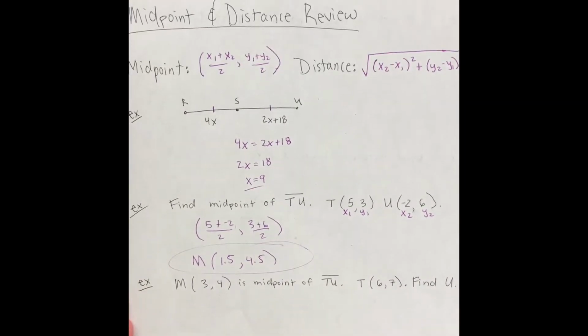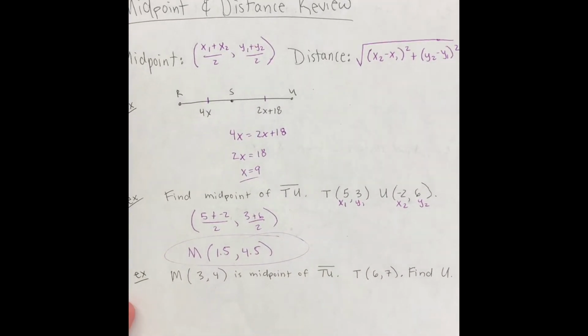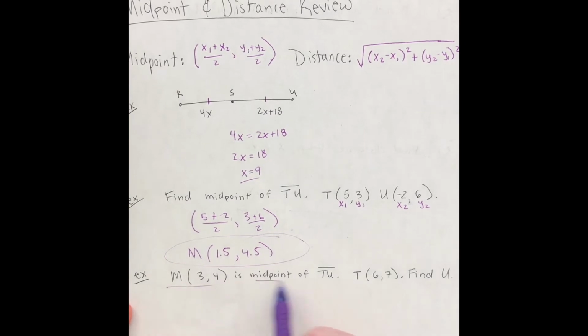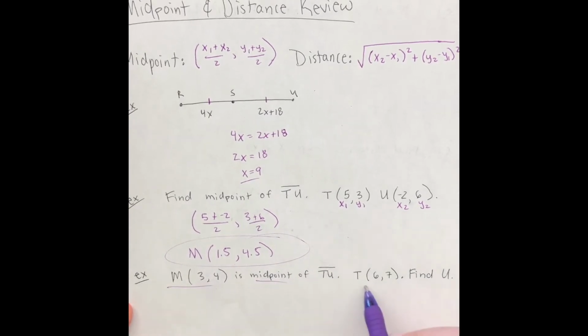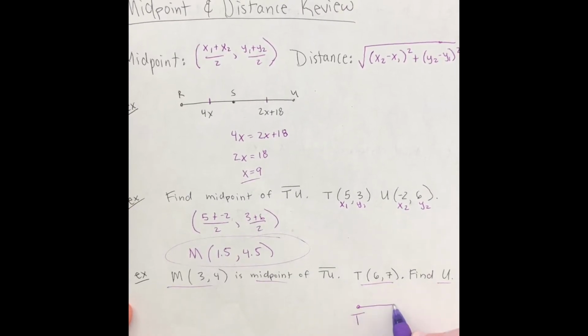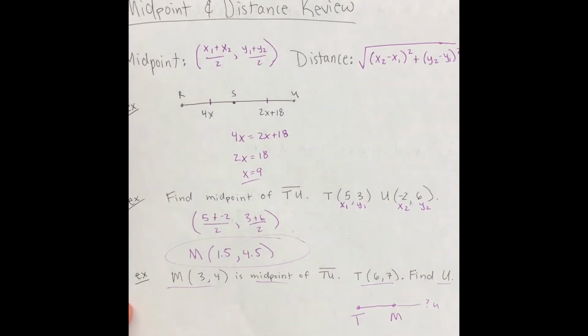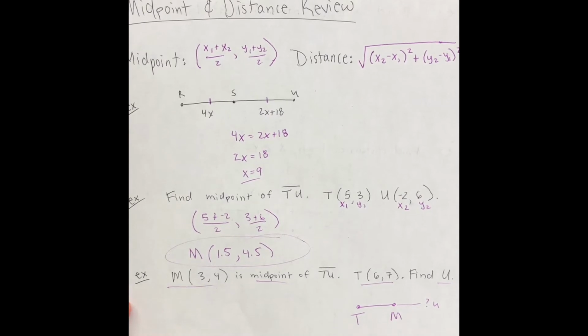All right, the other type of problem that comes up with midpoint is it gives you the midpoint, and you need to find the coordinate on one end, and you need to find the other. So it's kind of like this. You have T, they give you M, but where is U? So that's kind of what we're doing here. But all you're going to really do is set it up with the formula.